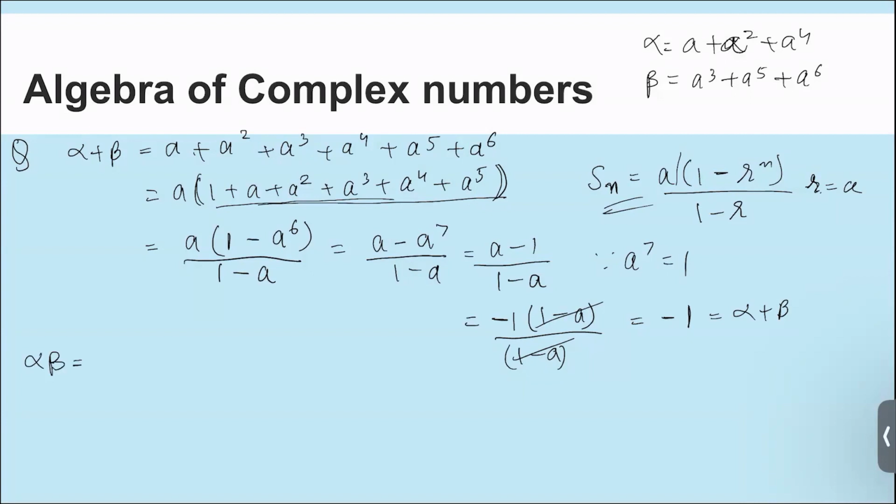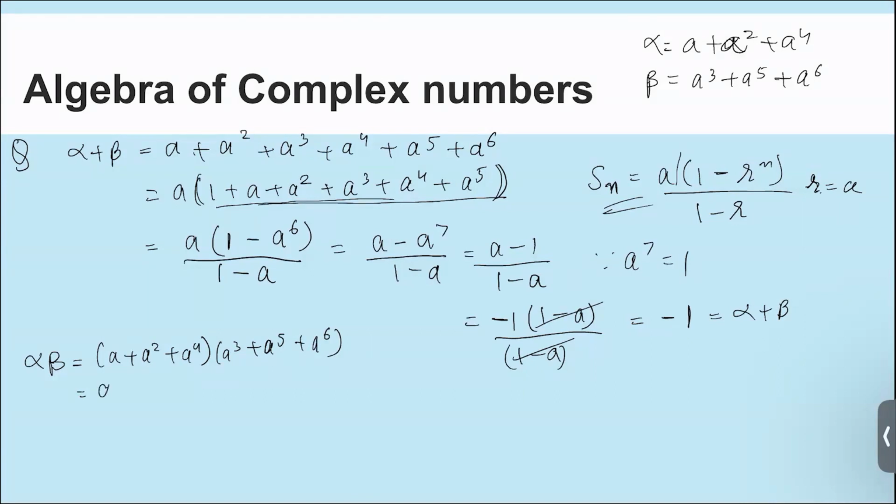Now you have a plus a square plus a4 multiplied by a cube plus a5 plus a6. Similarly, you open up the brackets and solve this.